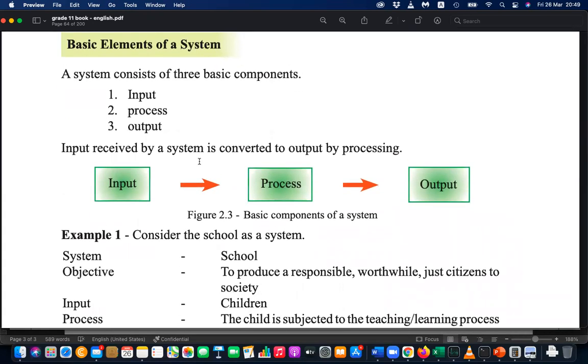Who suggested that model, input, process, and output? He's called the father of computing. Who's that? Charles Babbage. Yes, Charles Babbage suggested this input, process, output using his analytical engine.